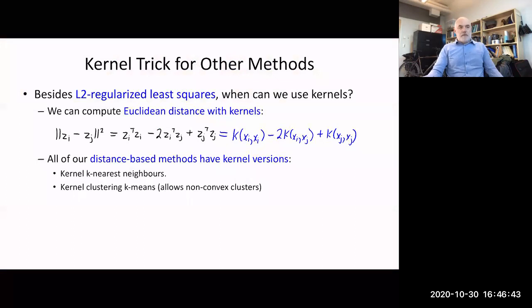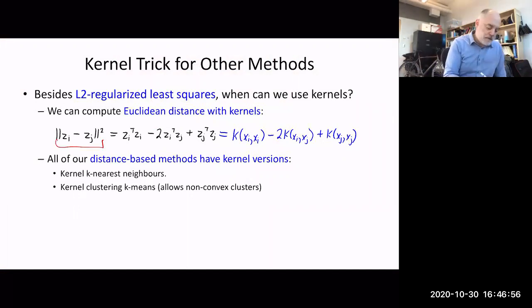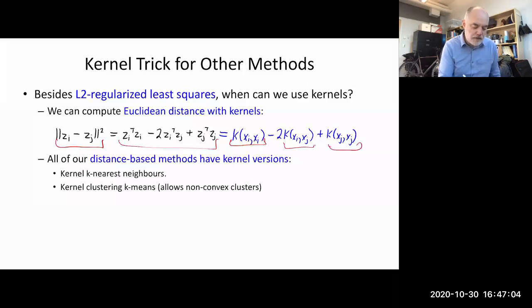Anyway, besides L2-regularized least squares, where can we use kernels? Well, if we want to compute Euclidean distances in some high-dimensional feature space, this looks like this, which we can transform into a kernelized operation, so long as we have a kernel function that produces these inner products.